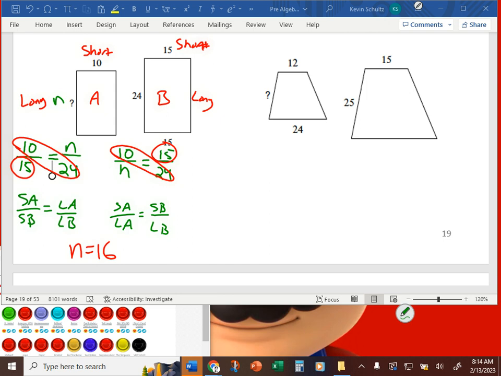I mean, you can see, top and top, side and side. You can use that. But go ahead and set up a proportion. Match up those corresponding sides. If you're not sure how to start, just pick a number.